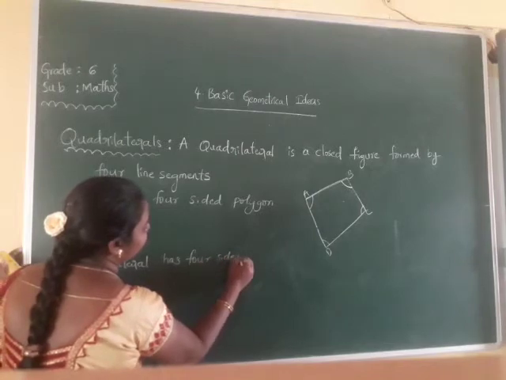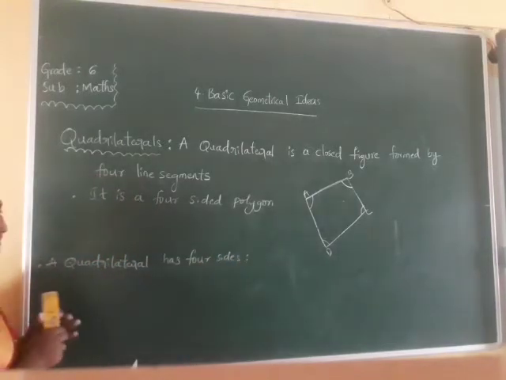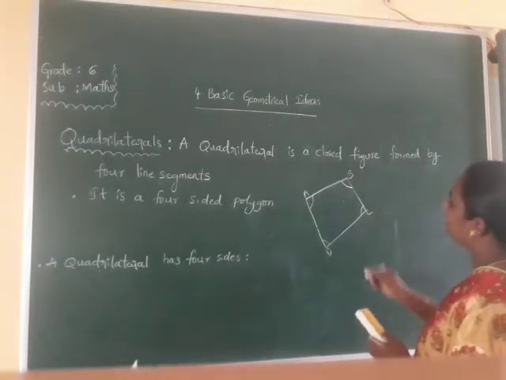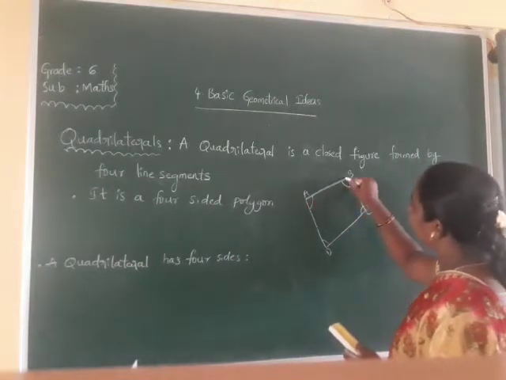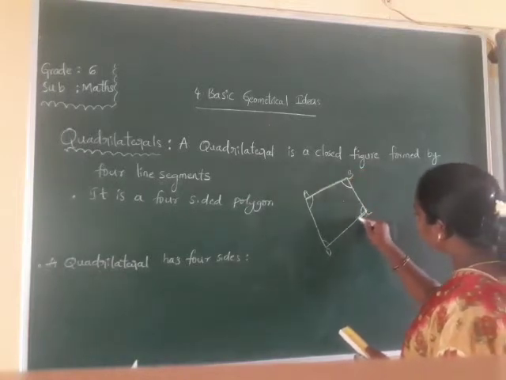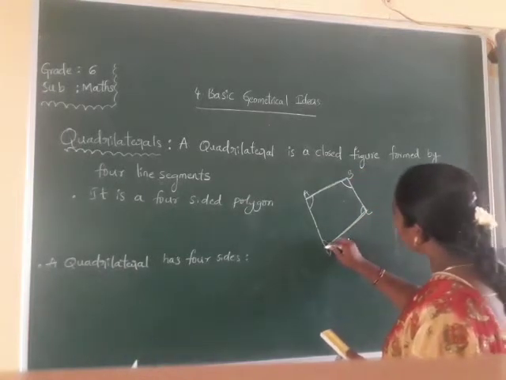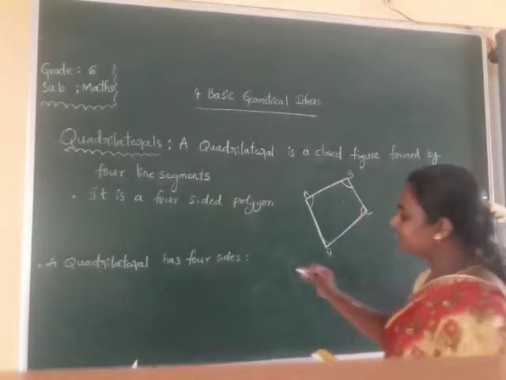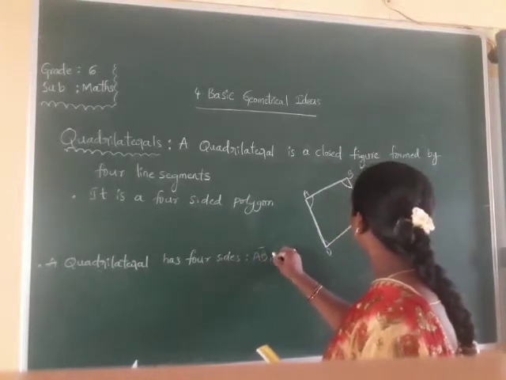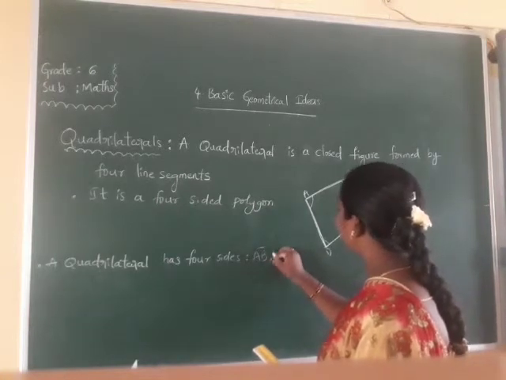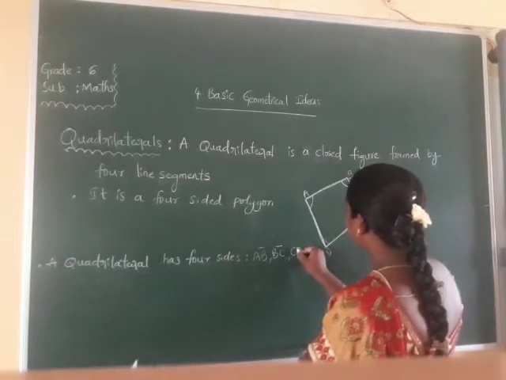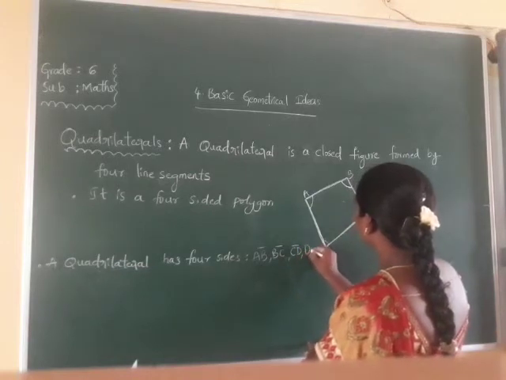What are the four sides? AB, BC, CD, DA.